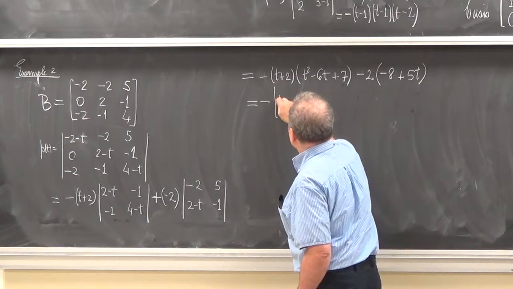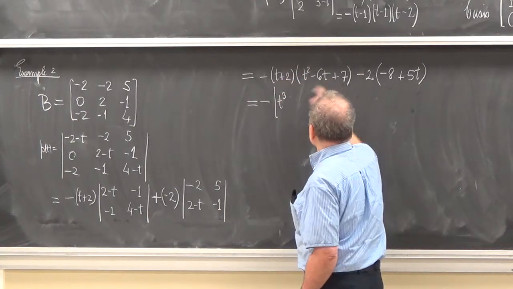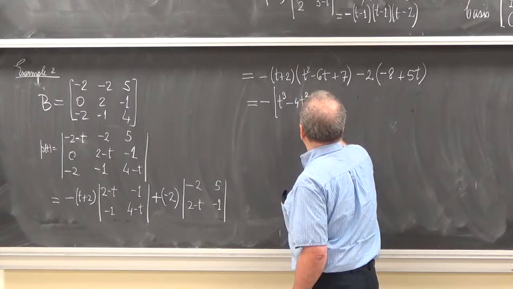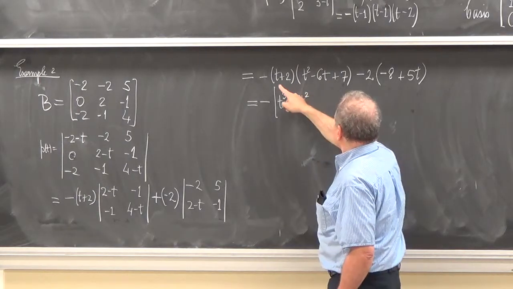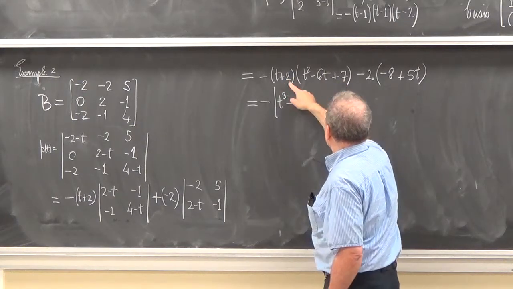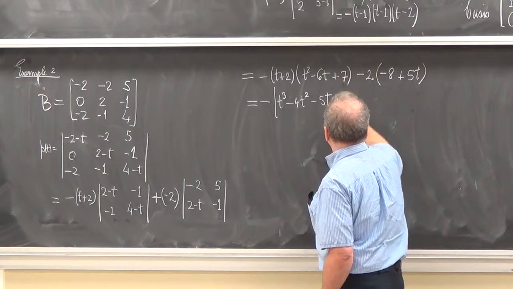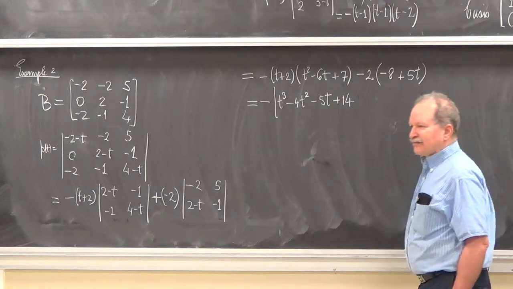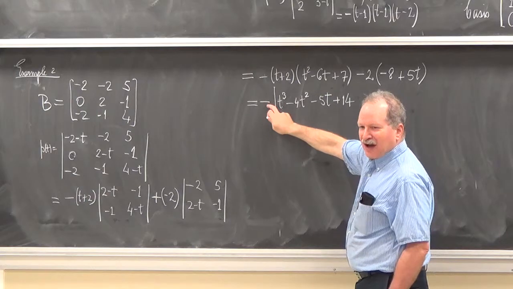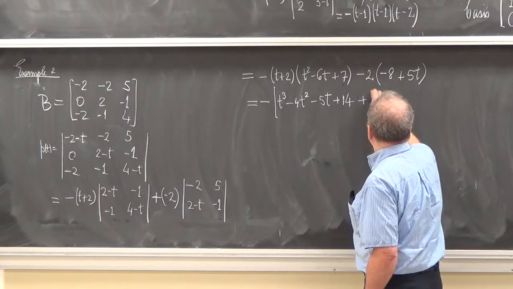T cubed minus plus 16. 2t squared minus 6t squared plus 7t minus 12t plus 14. And since I have the negative factored out, I'll keep going. 10t minus.